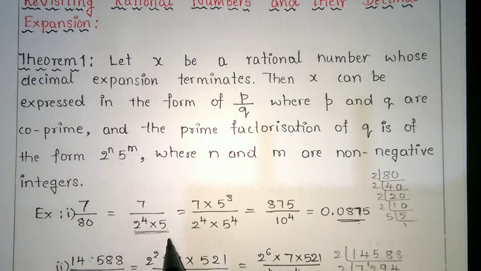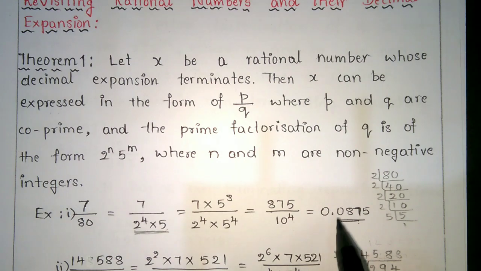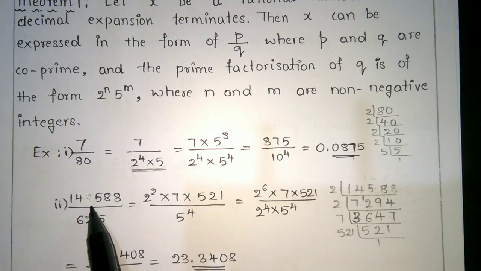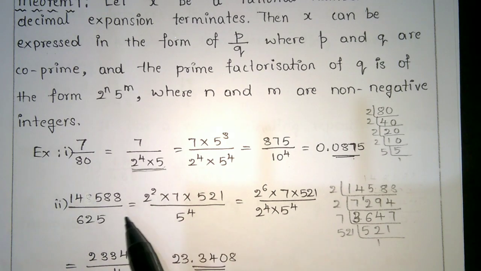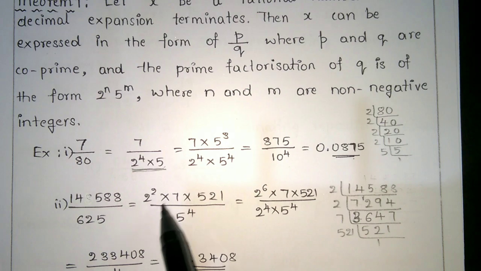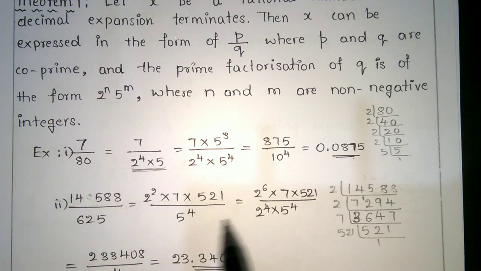So 2 power 4 and 5, when you multiply you get 10 power something. 10 power something means it is terminating. Let's see one more example. 14,588 divided by 625. Can you write it as 2 power 4? When you are prime factorizing, you get 2 power 2 into 7 into 521 divided by 5 power 4.